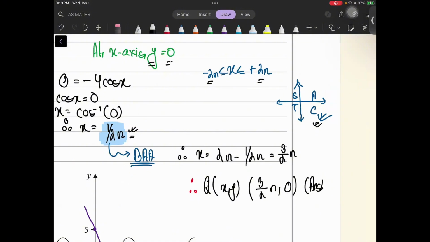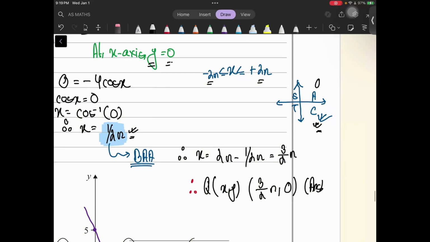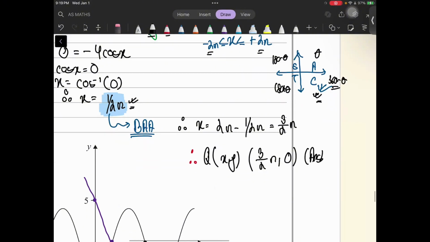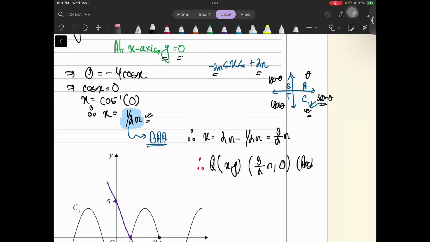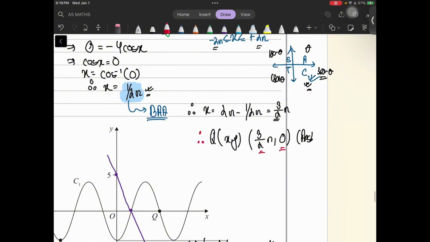So you subtract pi by 2 from the 2 pi value of the fourth quadrant. This is theta, 180 minus theta, 180 plus theta, 360 minus theta, or 2 pi minus theta, right? And then you get the value of x, which is going to be equal to 3 by 2 pi, and at the x-axis y is equivalent to 0.